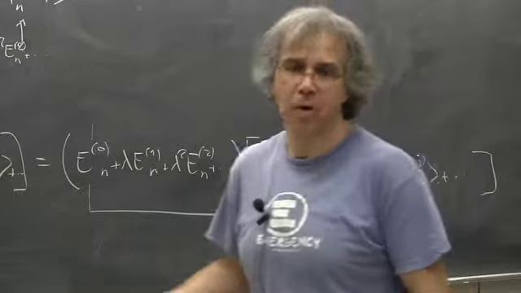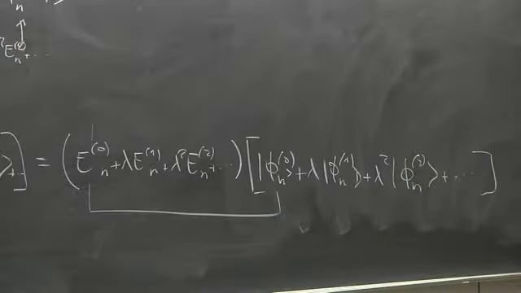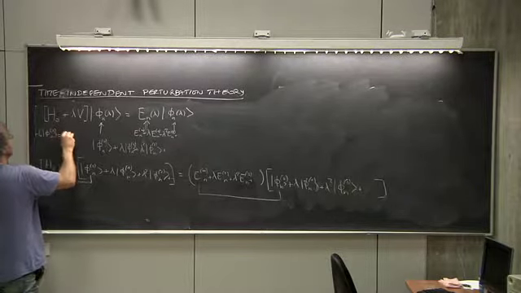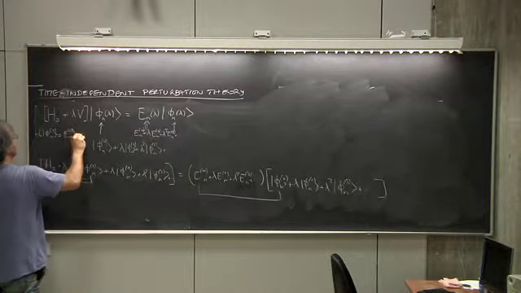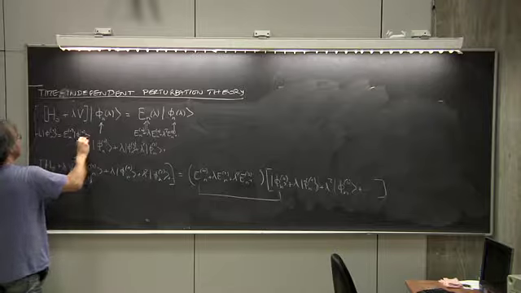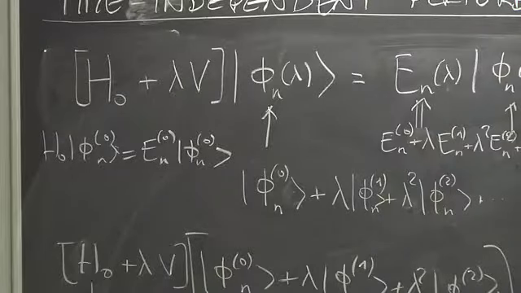Okay? So obviously this I know, because this is the unperturbed problem that I started from. So H0 φ0n is equal to E0n φ0n. So the zero order terms are happy, because I started from the unperturbed eigenvalues and eigenvectors.